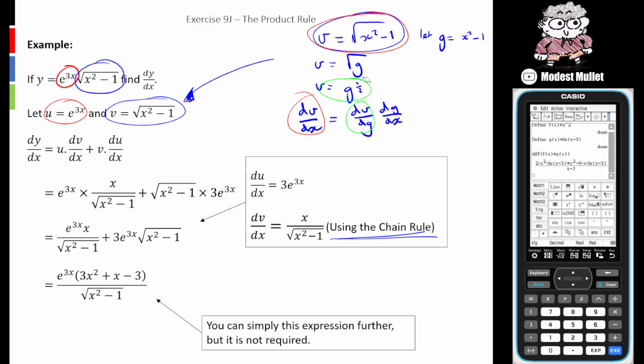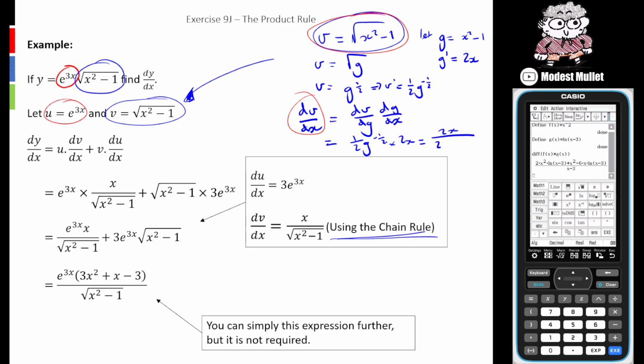So let's finish this off quickly. We know that from here, v dash is going to be multiplied by the power, so we get half g, take 1 from the power, to the negative half, and g dash is equal to 2x. If we combine those, we get half g to the negative half times 2x, which will be 2x on 2.